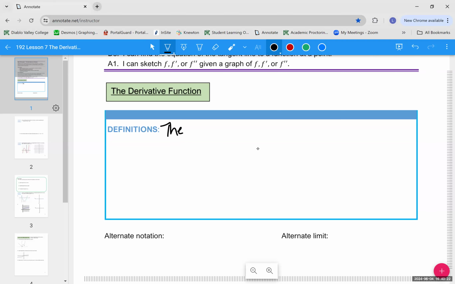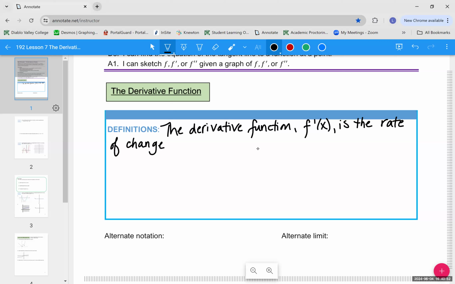The derivative function f prime of x, same notation obviously, is the rate of change. We said in the last lesson that it's the instantaneous rate of change, but we're just going to shorten that to the rate of change of f of x at x, and is given by that same limit that we've already done.